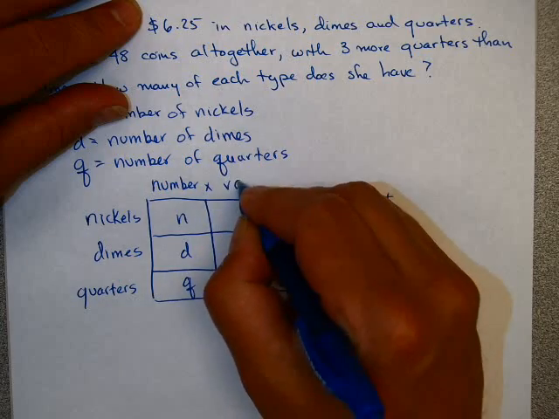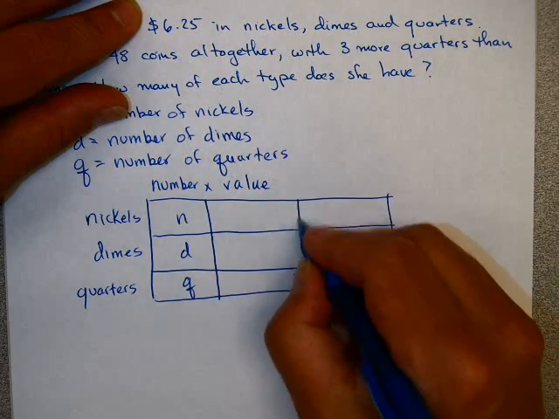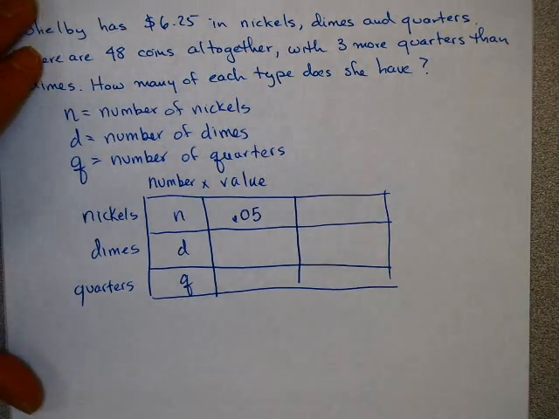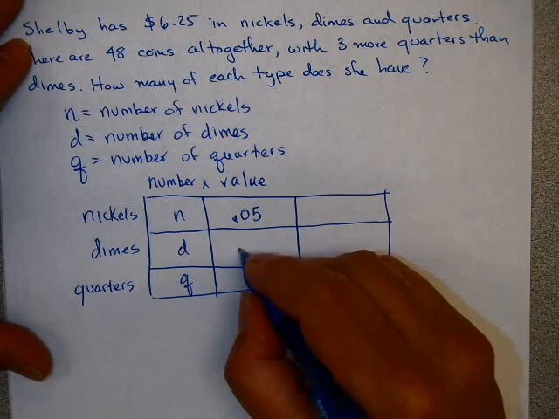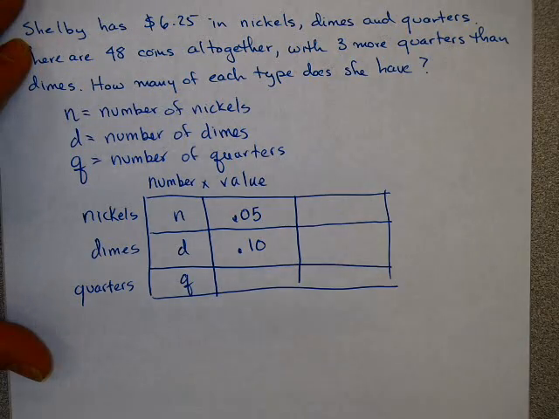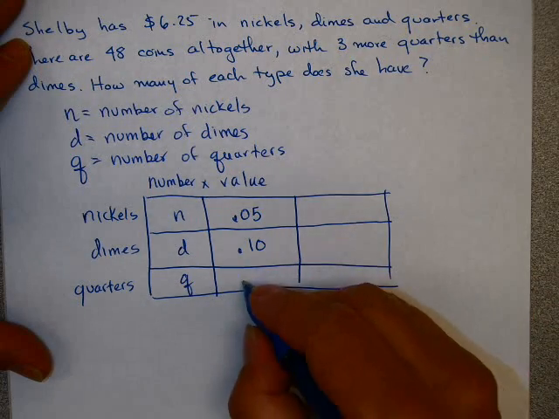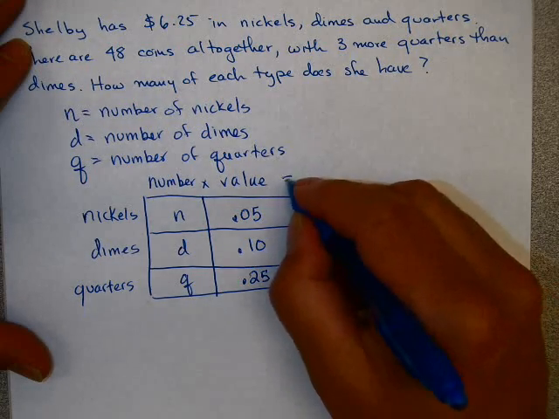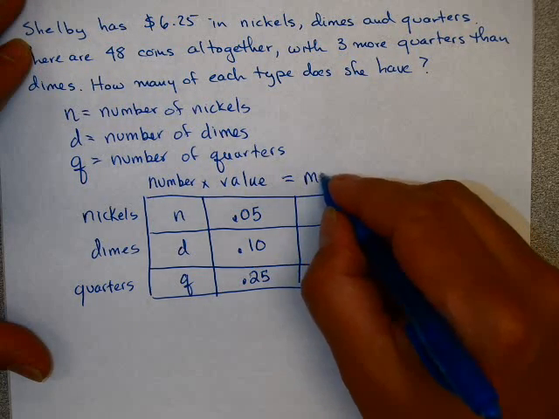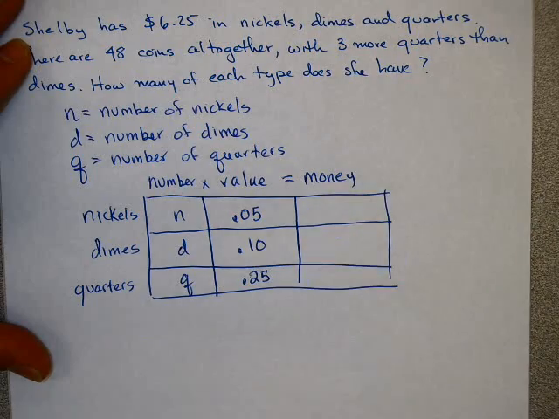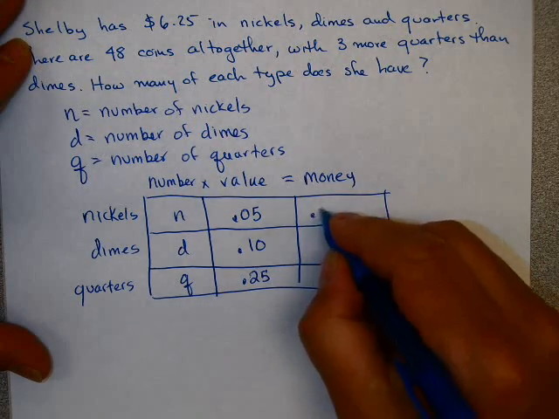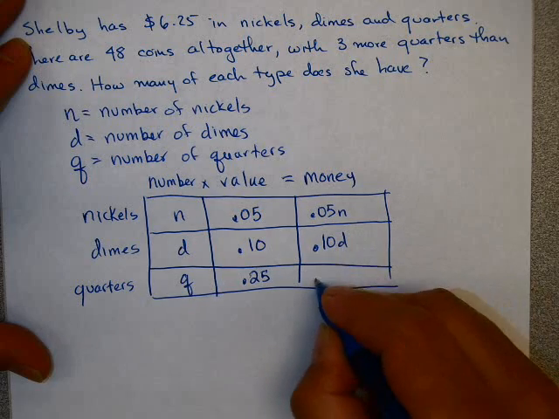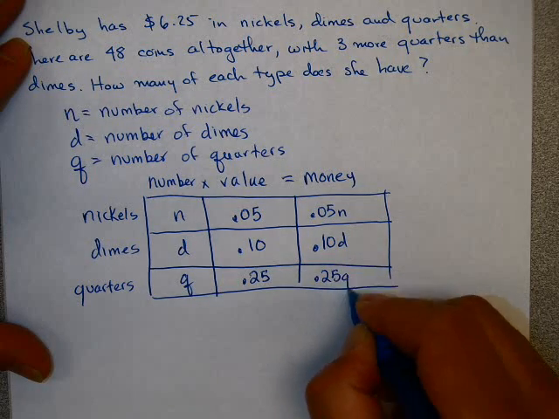I want to multiply that by the value of each coin. So a nickel is worth $0.05 or 5 cents. A dime is worth $0.10 or 10 cents, and a quarter is worth $0.25. So that's going to give me the total amount of money that each of these contributes to the total sum. So this is 0.05N, this is 0.10D, and this is 0.25Q.